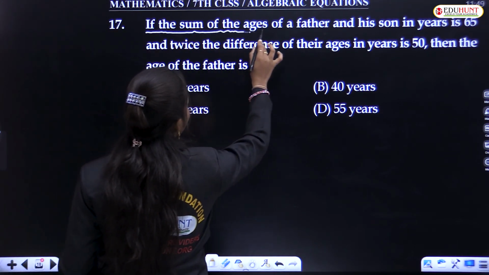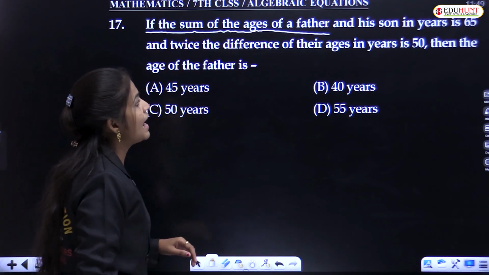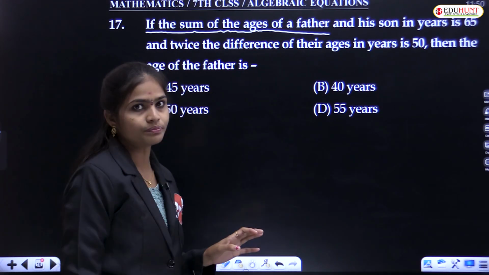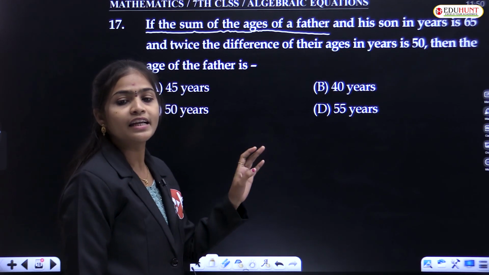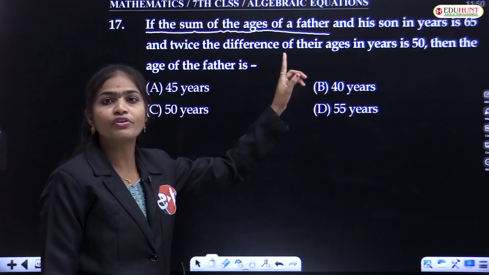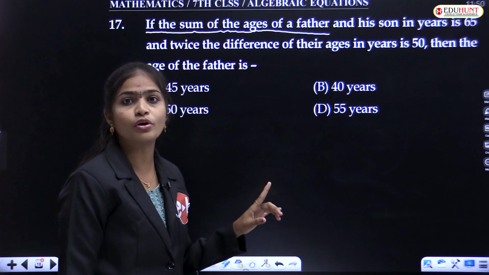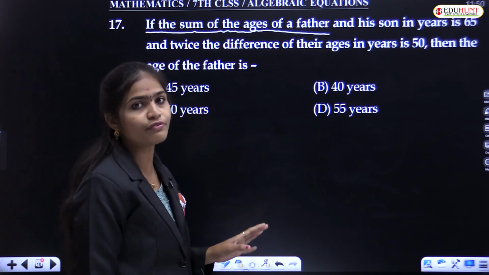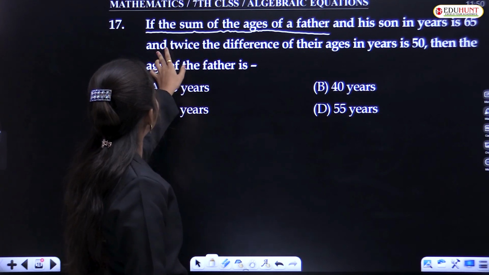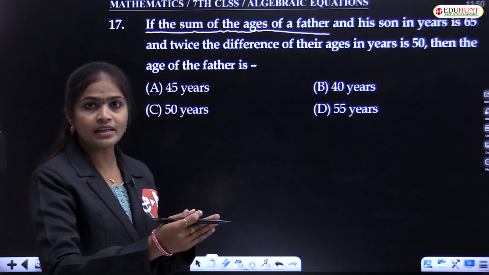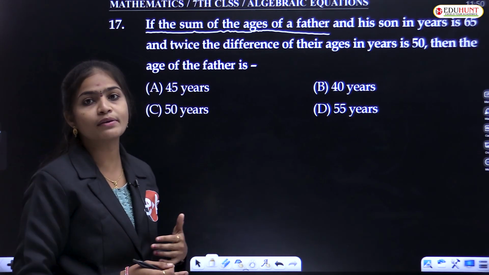If the sum of the ages of a father and his son in years is 65. Again I am reading that. If the sum of the ages of a father and his son is 65, and twice the difference of their ages is equal to 50.